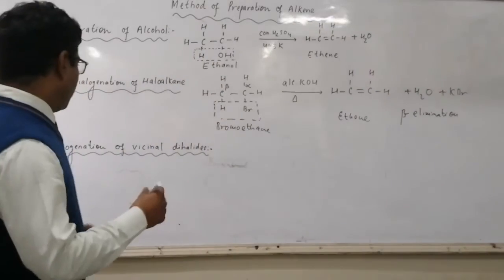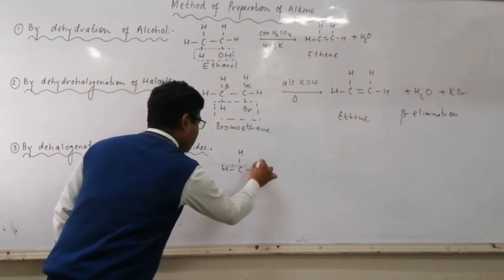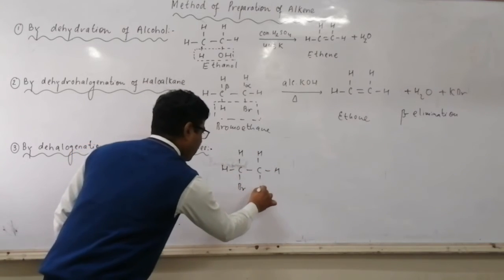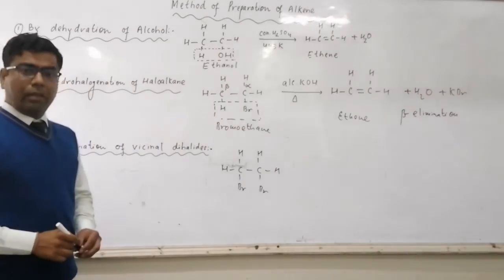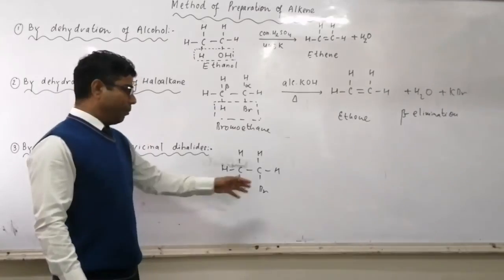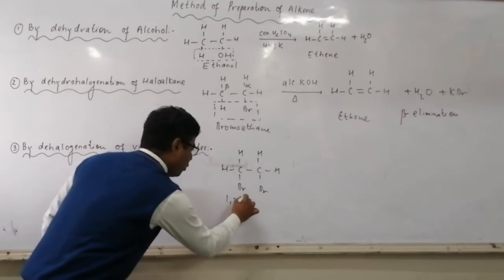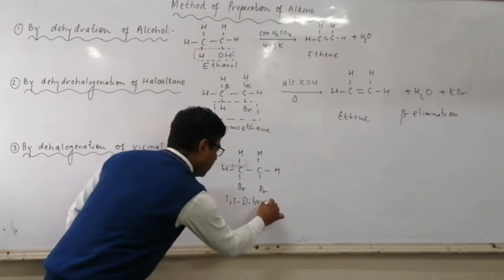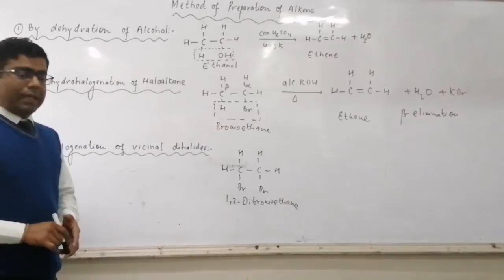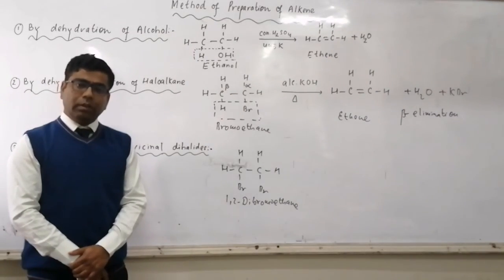So here I can use hydrogen, carbon, hydrogen, carbon, hydrogen, hydrogen. Here your Br, here your Br. They are two bromine atoms, halogen atoms present on neighboring carbon atoms. So this compound is 1,2-dibromoethane, a type of vicinal dihalide. Clear?